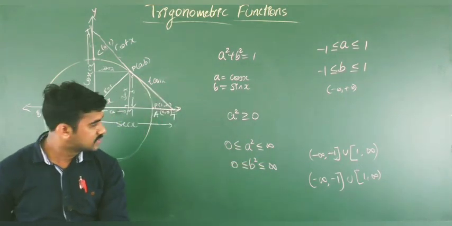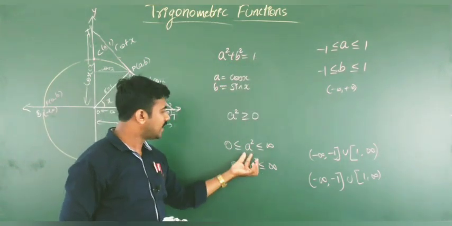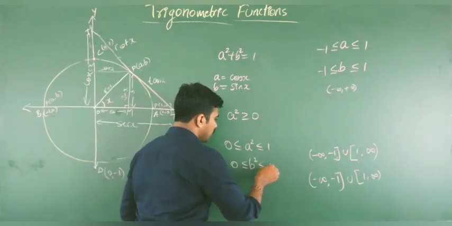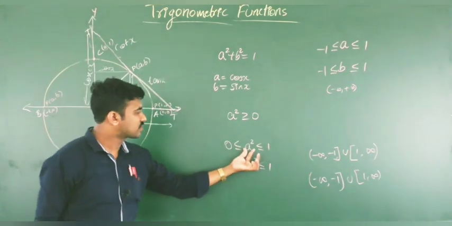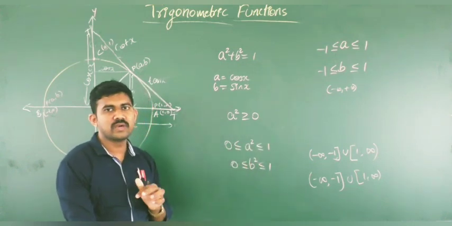But here the sum of them should be equal to 1. To add them and get the value 1, here the maximum value you can take is 1 only. Okay, so a square value from 0 to 1, b square value from 0 to 1 we can take.